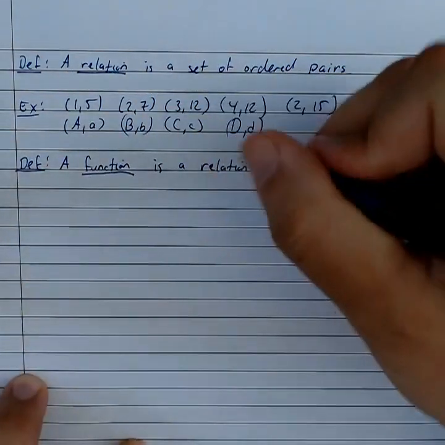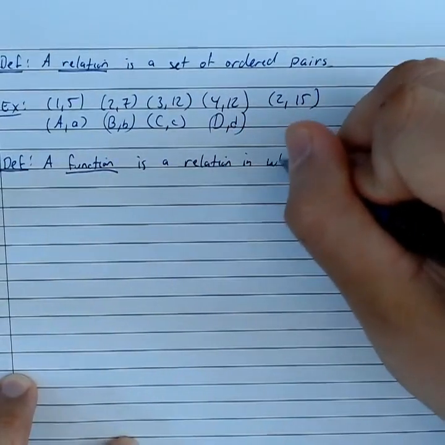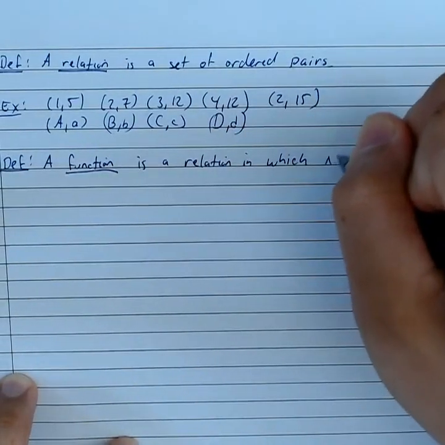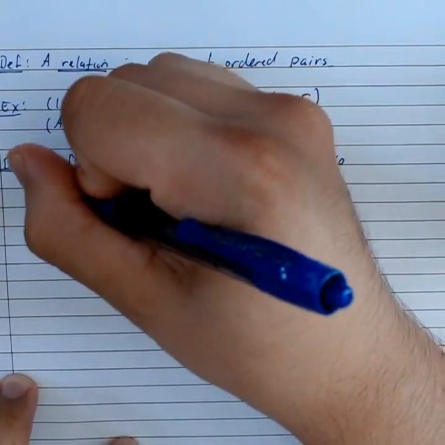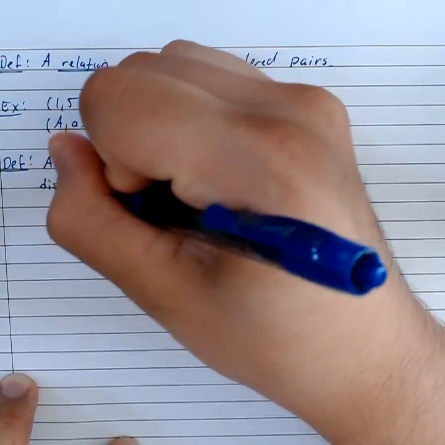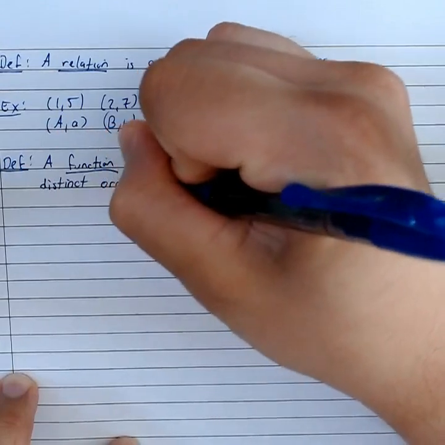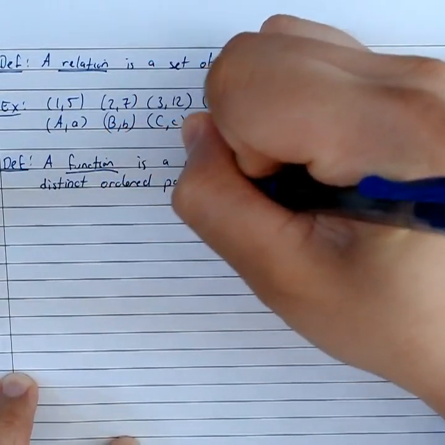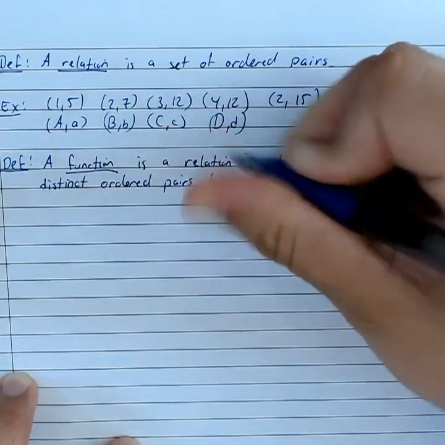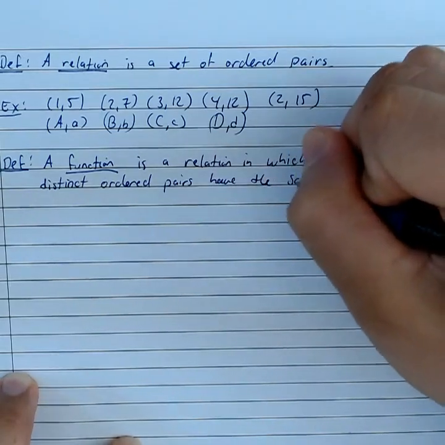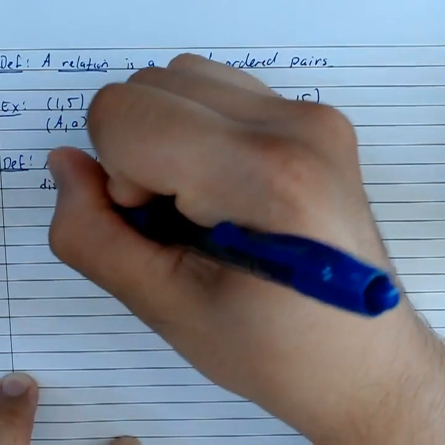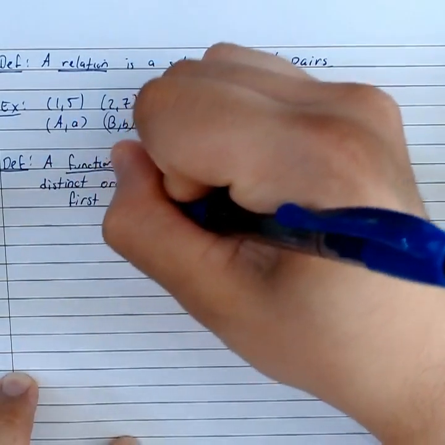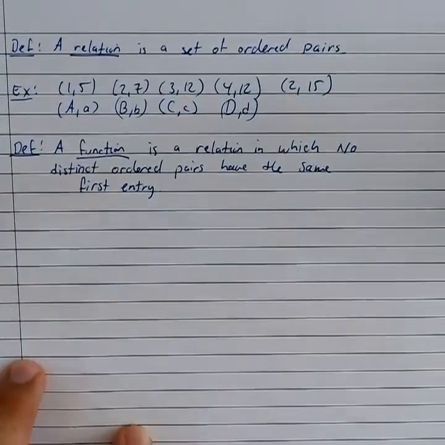It's one of these things in which no distinct ordered pairs have the same first entry. And that's it. That's the definition.